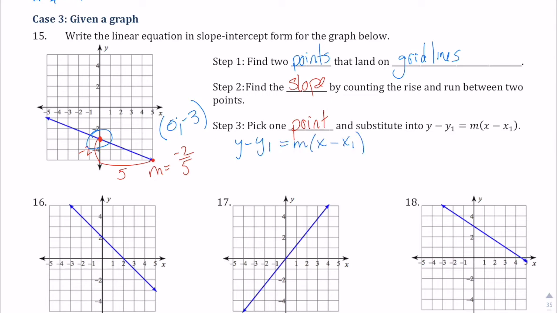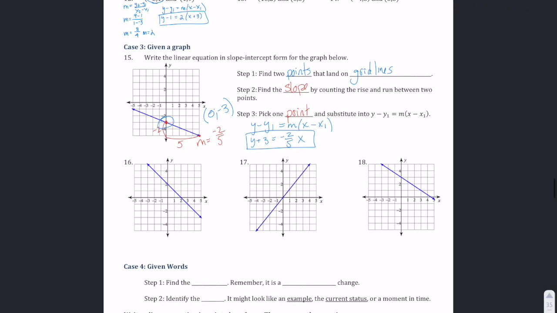And we have y plus 3 equals -2/5. And x minus 0 in this case is just x. So that would be our point-slope form of the equation for that graphed line. So very similar to other instances, so we just find our slope like we would have in slope-intercept form, we find a point, and we go ahead and write our equation.